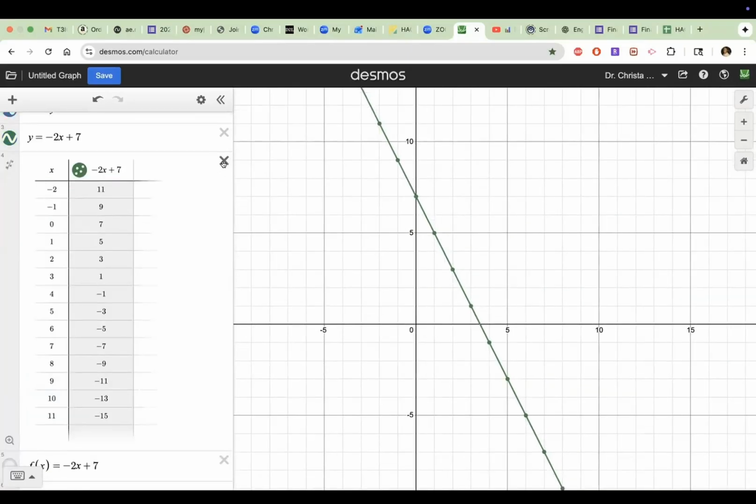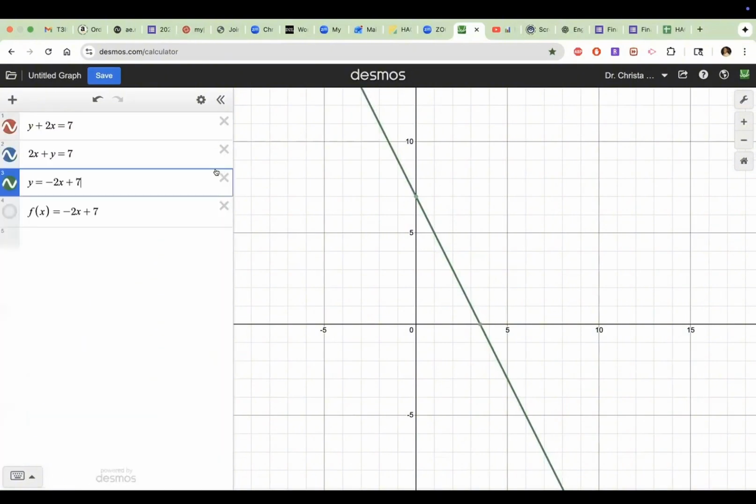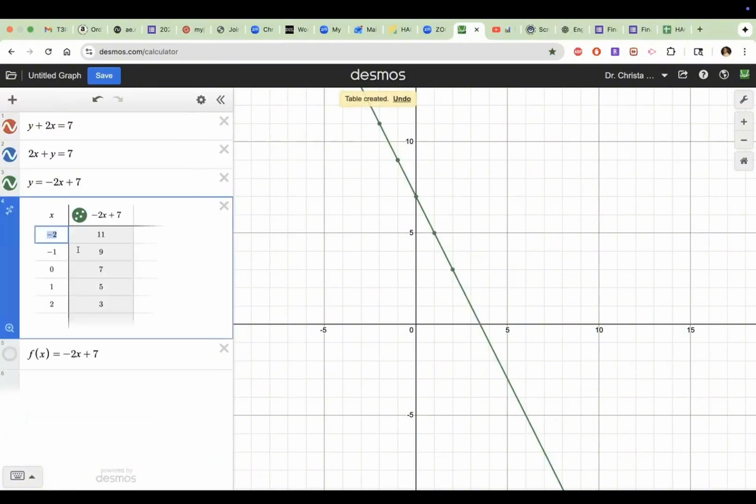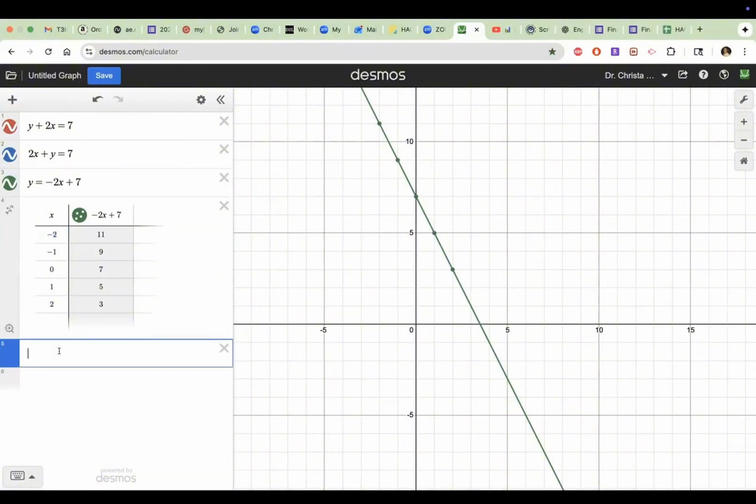So that's just a little preview, you don't need all those points. So I'm going to actually delete it and do it again because it gives you the basic points that you need. Also, I'm going to close that. I'm going to plot one of the points so you can see what Desmos does as well. So if I wanted to just plot the y-intercept, I would plot 0, 7, and then I can actually label the point and it'll keep it on there for me.